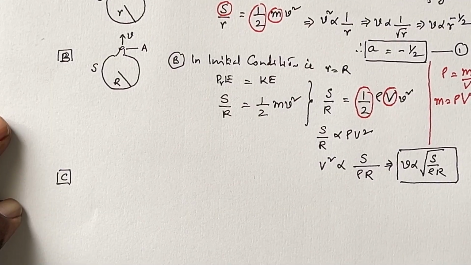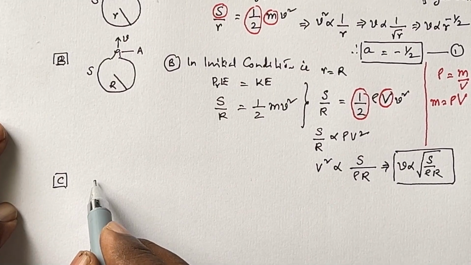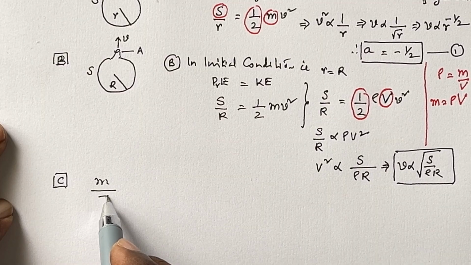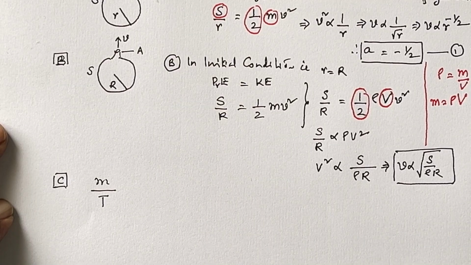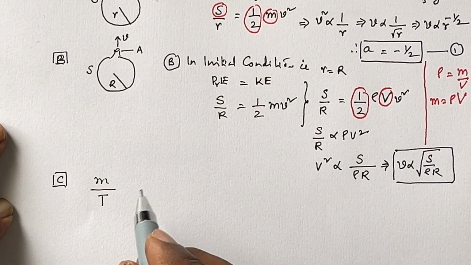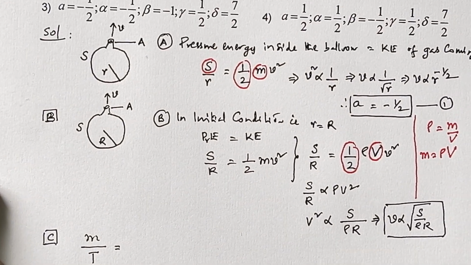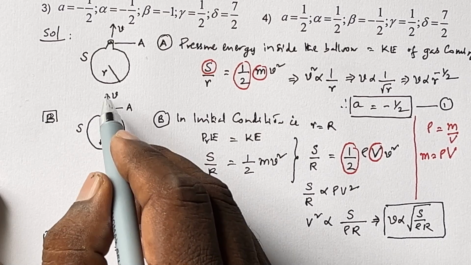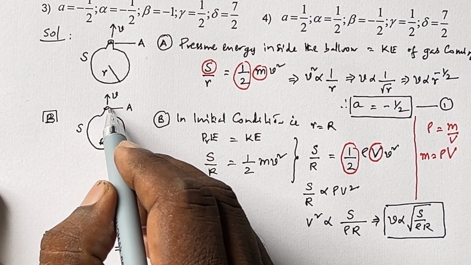So how much gas is coming out? The mass of the gas coming out by the given time, maximum time, because it is fully filled and the radius is capital R, like that we have taken. When the balloon is fully filled, the air applies some force on this small opening.